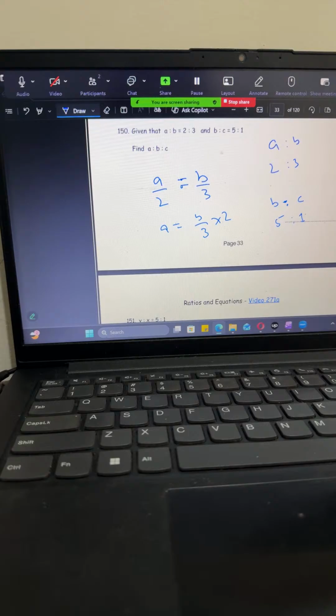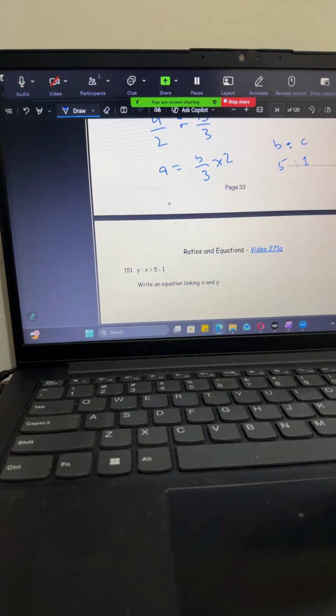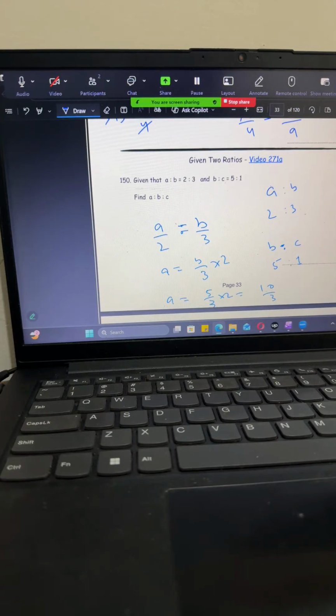So when B is 5, what is A? Plug it in. A should be 5 over 3 times 2, which is 10 over 3, right? So I can write it as A ratio B ratio C: 10 over 3 ratio 5 ratio 1. Is that clear? Yes, good.